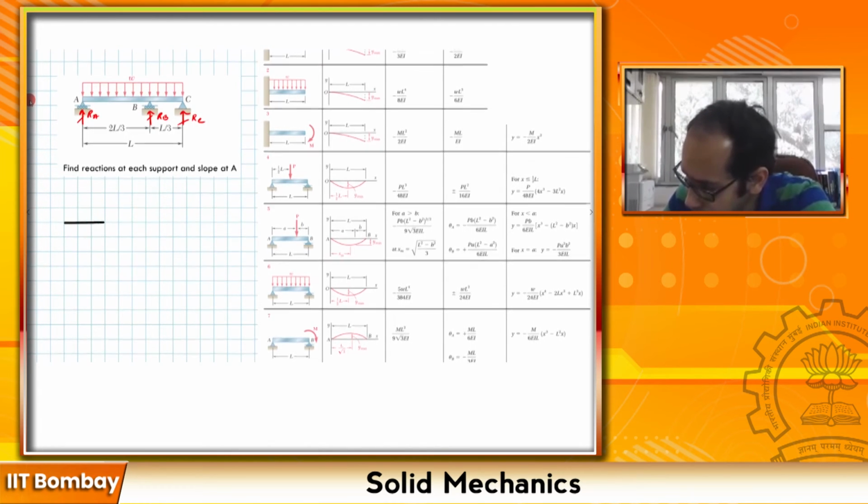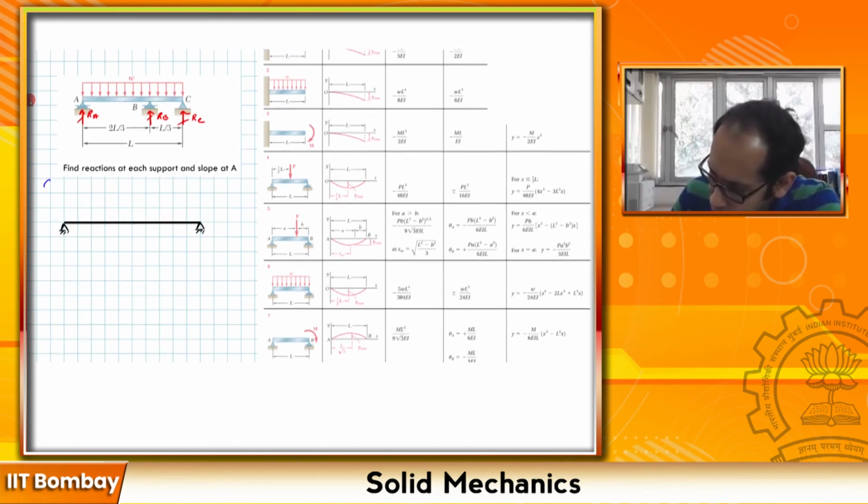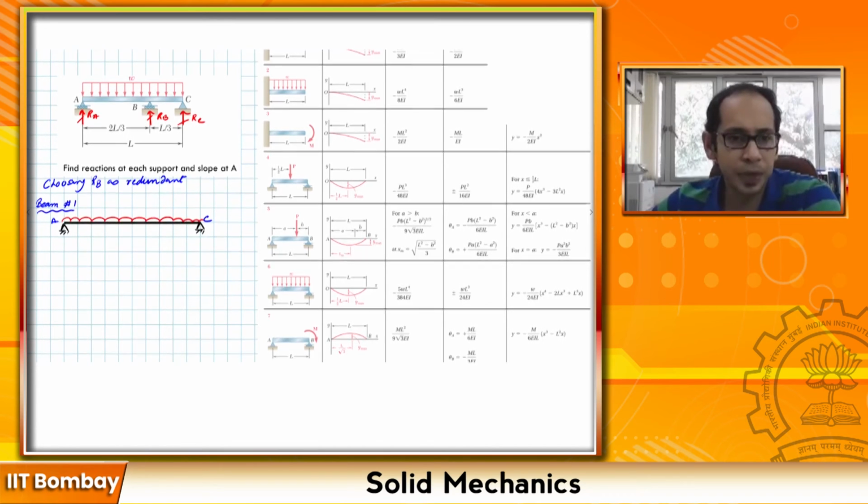So your first beam, beam 1, here I'm choosing RB as the redundant. This is my beam 1, and beam 2 is again the simply supported beam, but here I will have a vertical reaction RB.